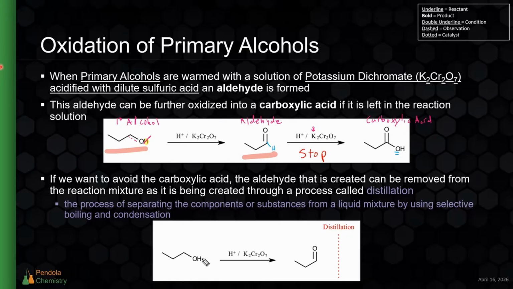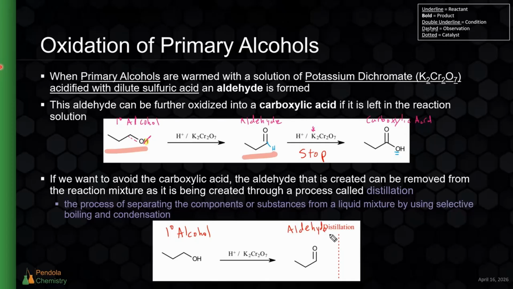So essentially what will happen is that the primary alcohol we talk about would react with the dichromate and create an aldehyde.